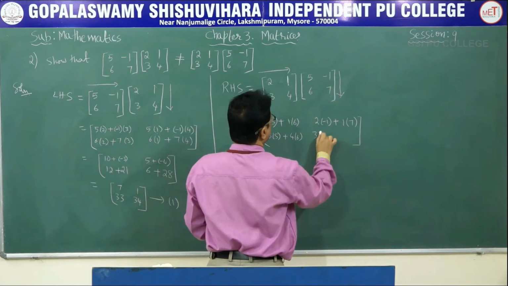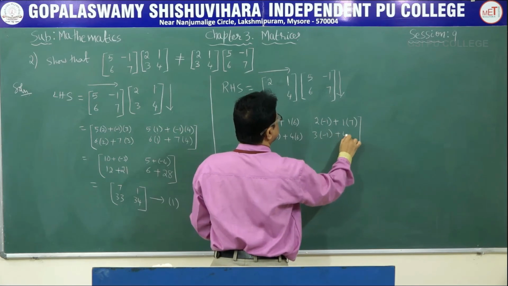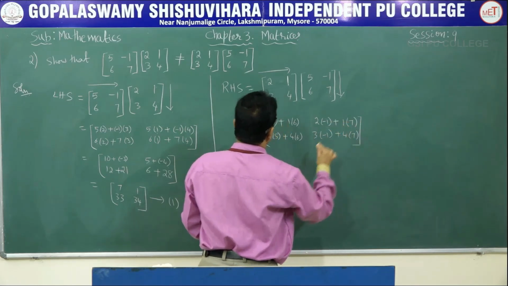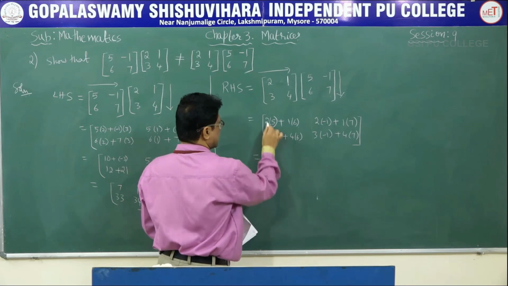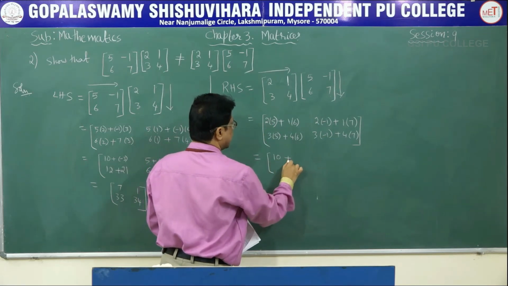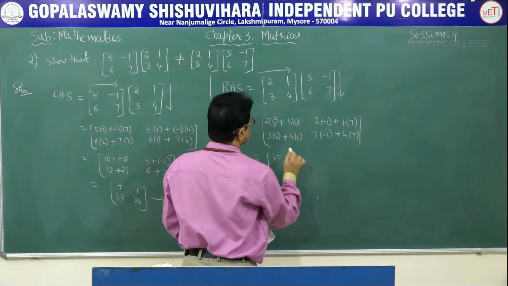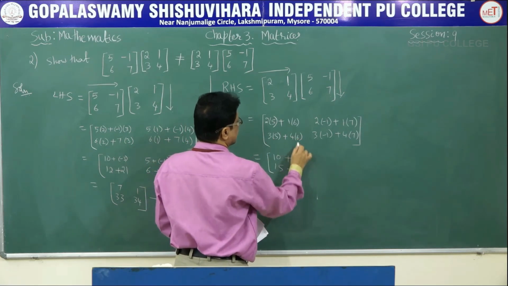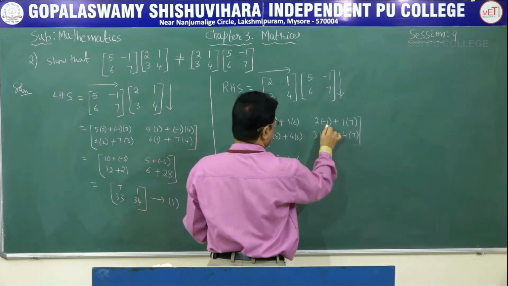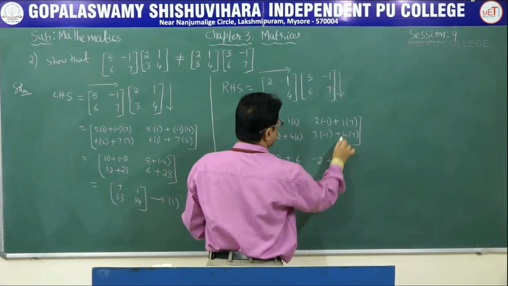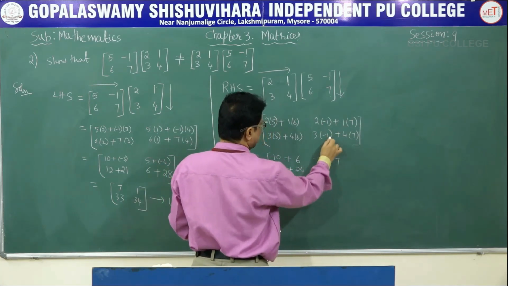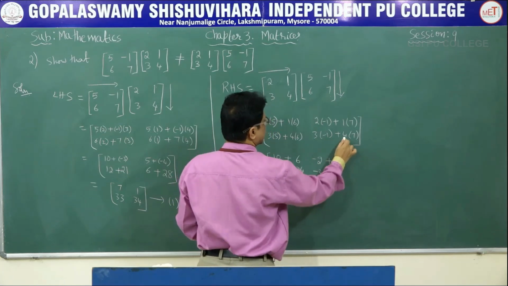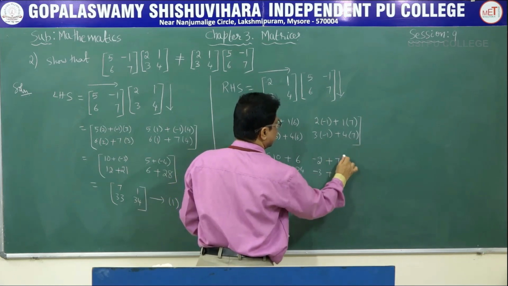So 3 into minus 1 plus 4 into 7. So 2 into 5, 10 plus 6. 3 5s are 15, 6 4s are 24. 2 into minus 1, minus 2, plus 1 into 7, 7. 3 into minus 1, minus 3, plus 4 7s are 28.